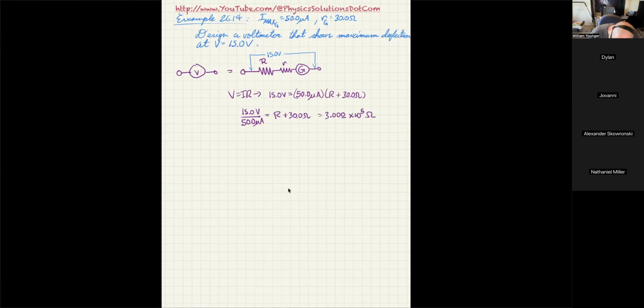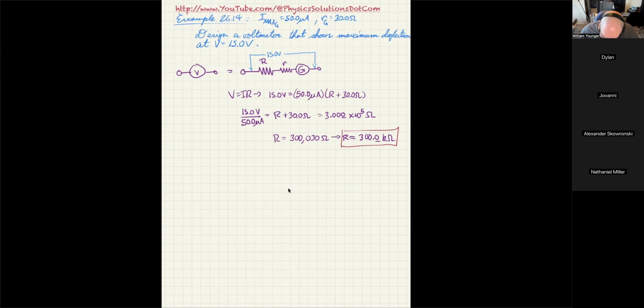So you might say R is equal to 300,030 ohms, but it's close enough to just say R is approximately equal to 300.0 kilo ohms. And that's close enough. Okay, so that's how we would design it.